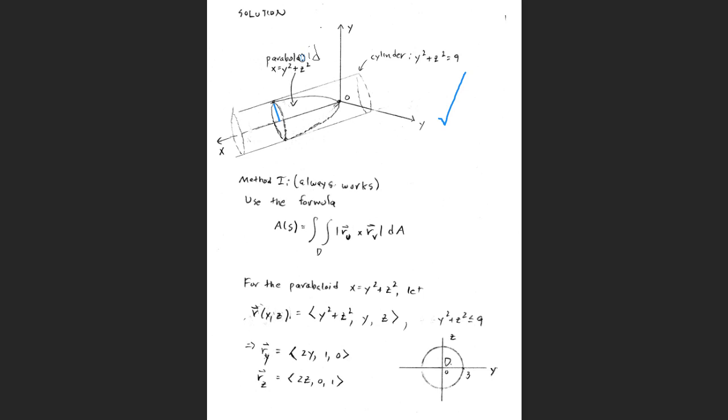Yeah. What's that distance there? That blue distance. So you can see on the paraboloid, I drew a distance. That's right, Lexi. That would be radius, that would be 3 because that's the radius of the cylinder.